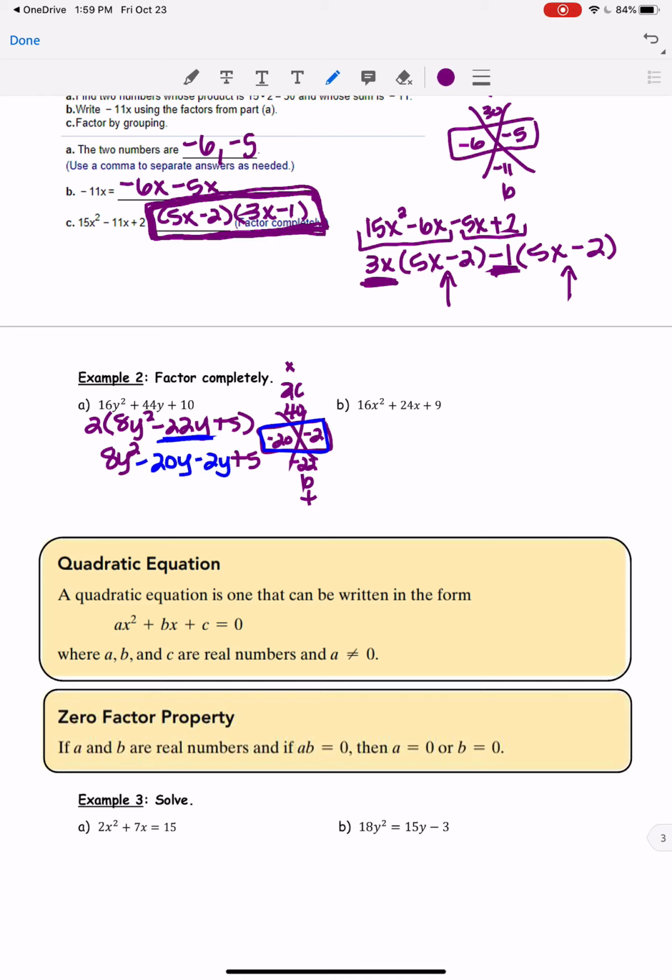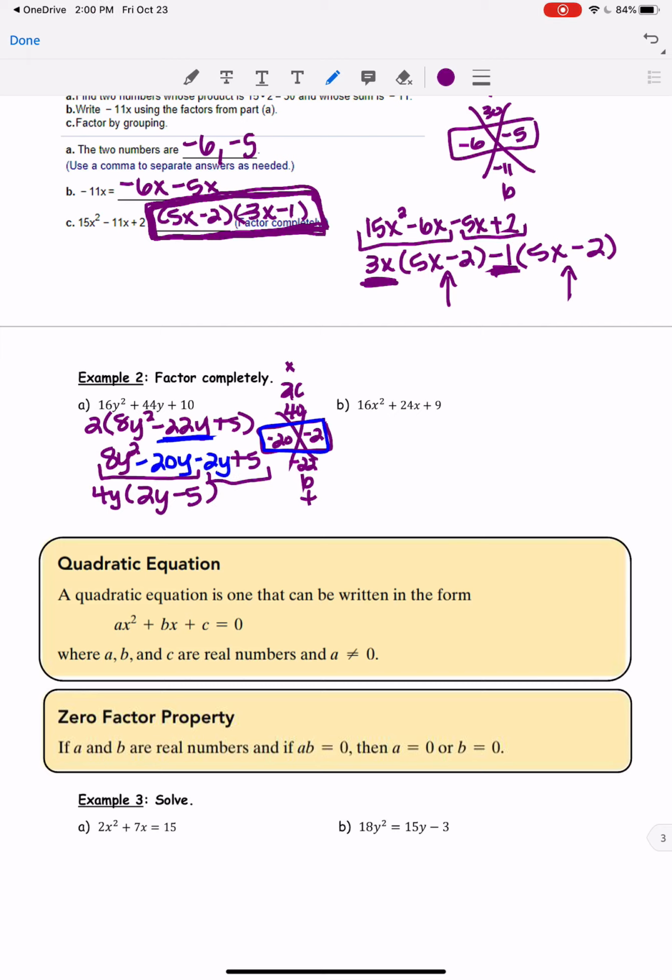So I'm unsimplifying my problem. Now we're factoring by grouping. So in this first group, 8 and 20, I can take out a 4, and they both have a y. 8 divided by 4 is 2. y squared divided by y is y. Negative 20 divided by 4 is negative 5, and the y's cancel.